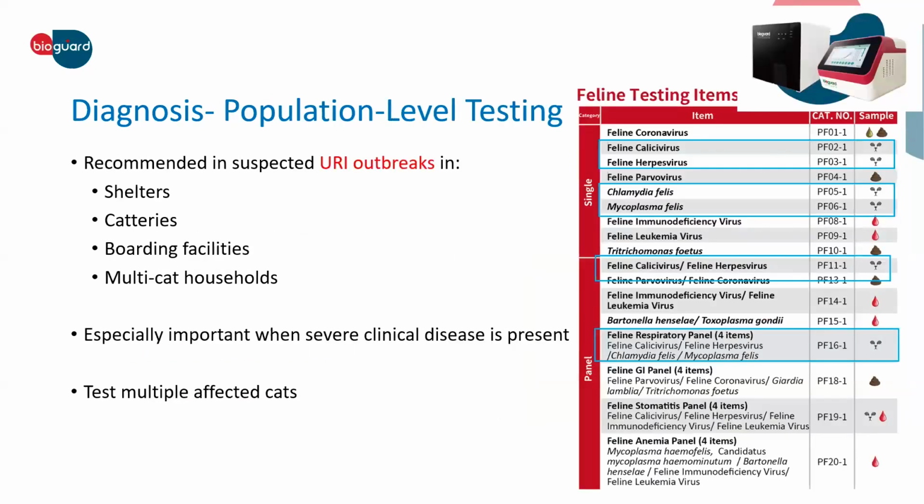And at the population level, if there's a suspected URI outbreak in a shelter, cattery, boarding facility, or multi-cat household, molecular testing is recommended, especially when severe clinical disease is present.